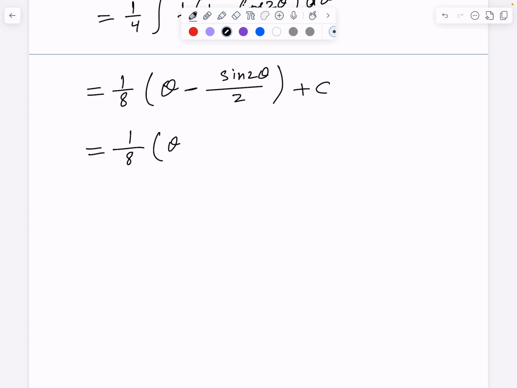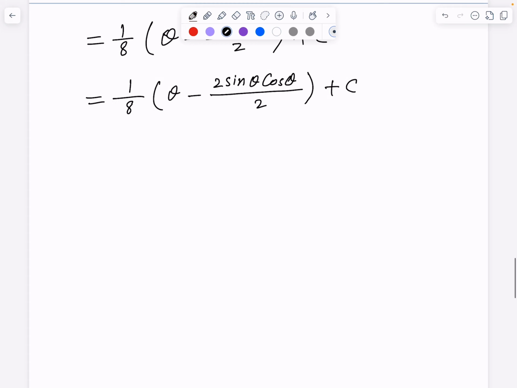So we're going to have theta minus 2 sine theta cosine theta divided by 2. And we can cancel this 2 with this 2. So we're going to get 1/8 theta minus sine theta cosine theta plus c.